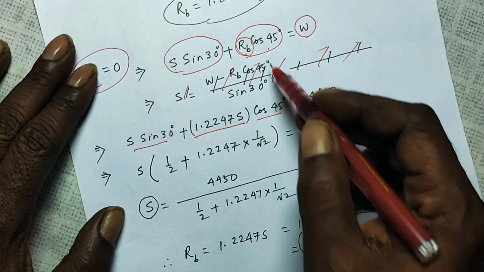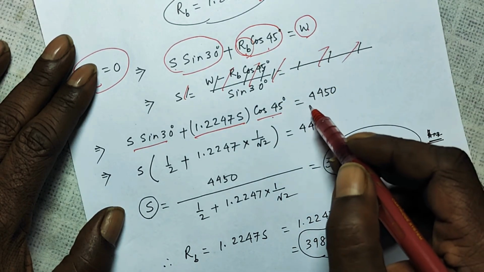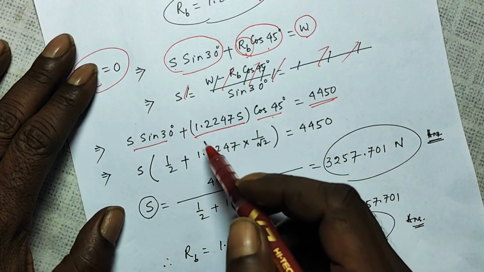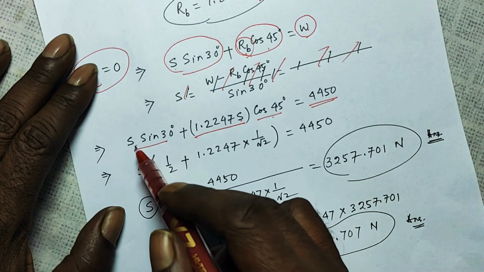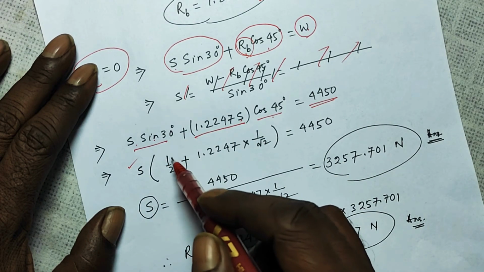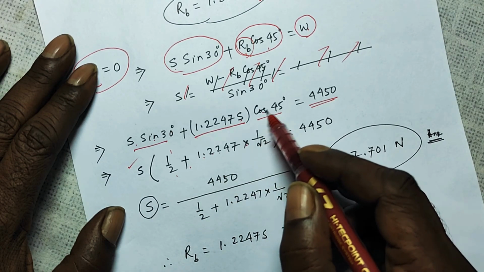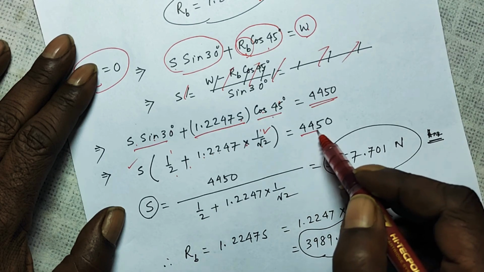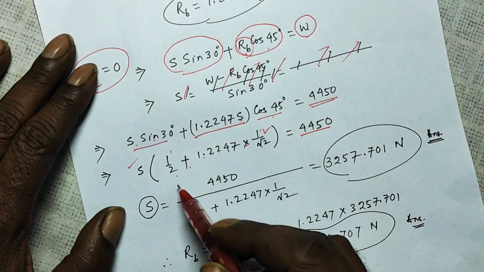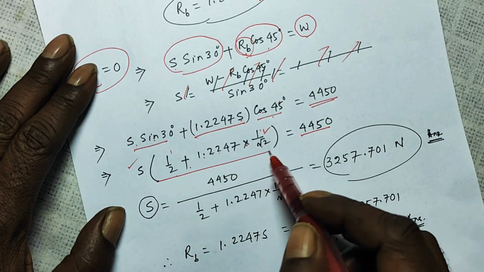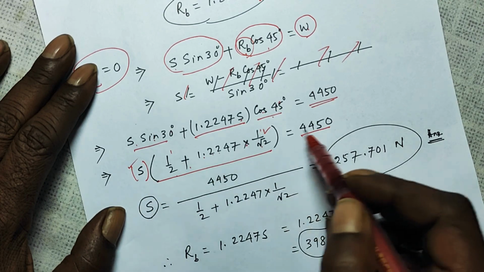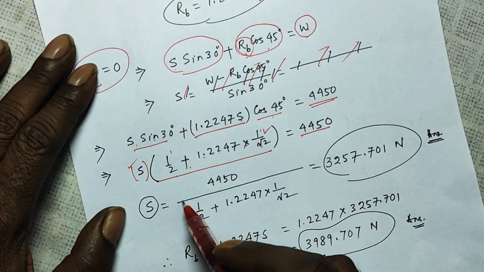The sine 45 remains as it is, and the value of W is given. So I take S as common from here and here. I am left with sine 30, 1 by 2, plus 1.2247 times sine 45, 1 by root 2, equal to 4450. Since this factor is multiplied with S, I take it to the right hand side, where it will be divided. So I have divided here.